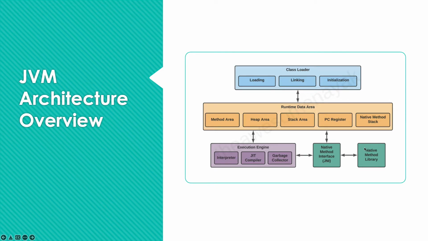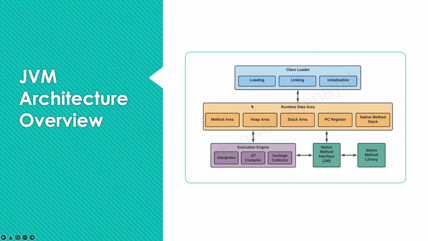We also have the JNI and native method libraries, which we'll probably get to at the last. So for now, we can think of it as three different components: class loader, runtime data area, and the execution engine. And we have subdivisions or subcomponents within each of those main components.